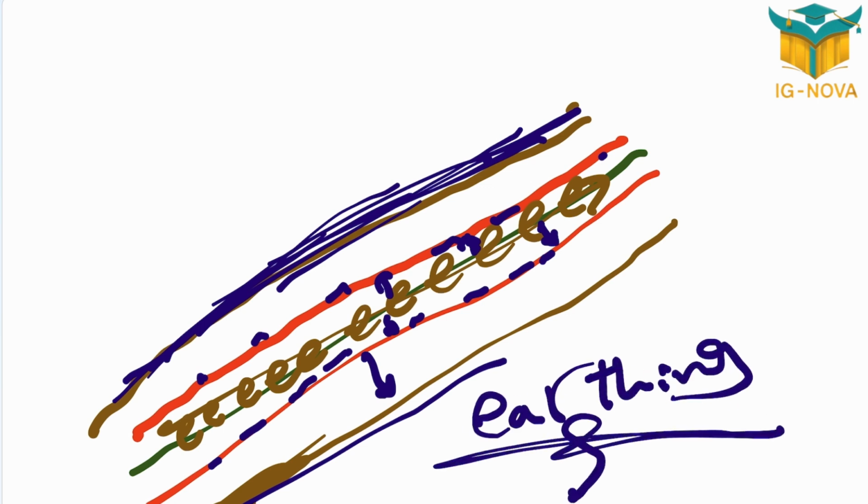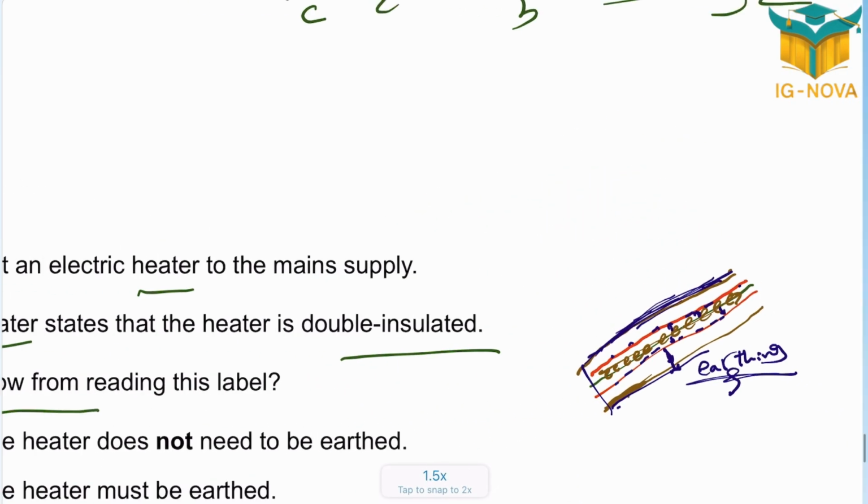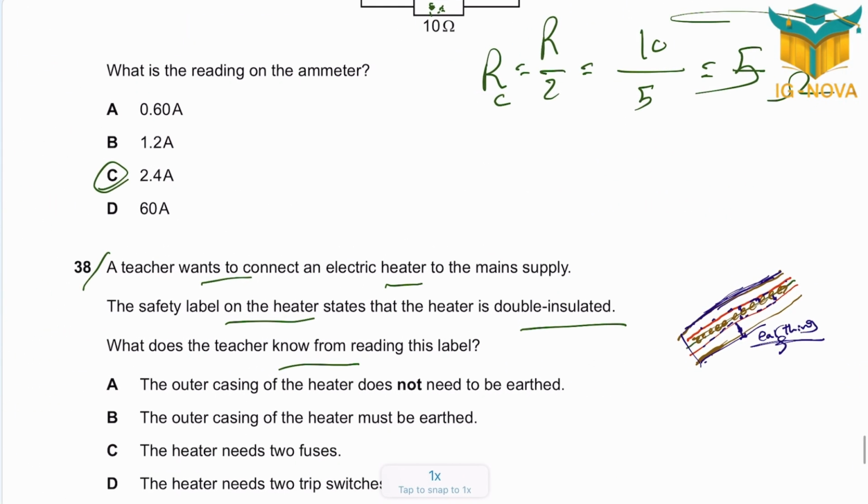Prevent any charges from leaking. That's more safety now. For that, the outer casing of the heater doesn't need to be earthed, because it's earthed already. So A is the correct answer. Must be earthed? Surely no. Fuses or switches also no. This is one of the ideas that was not mentioned in the previous syllabus.